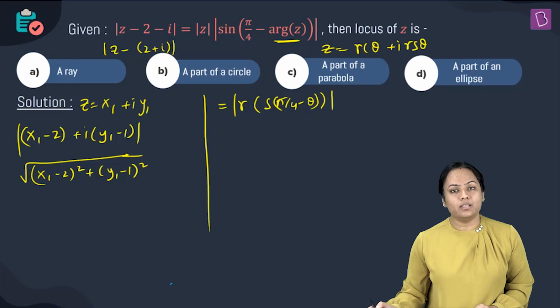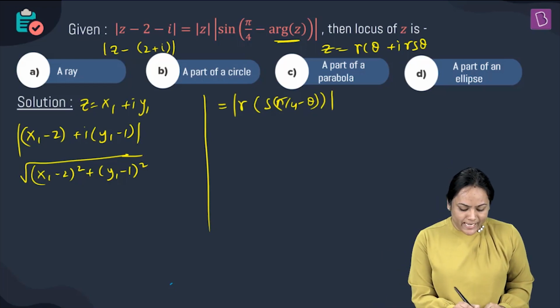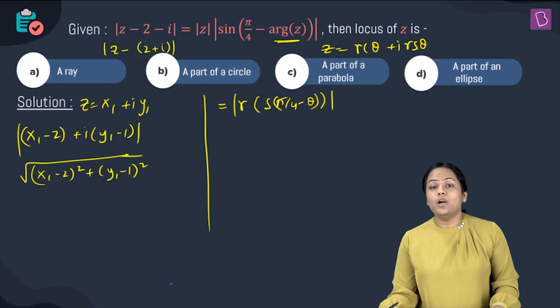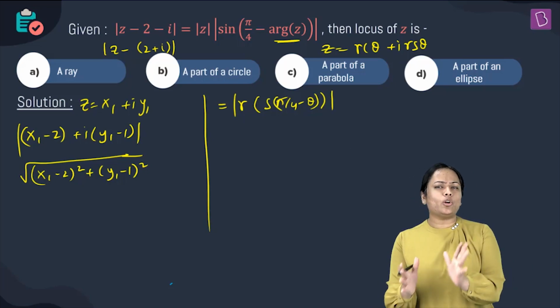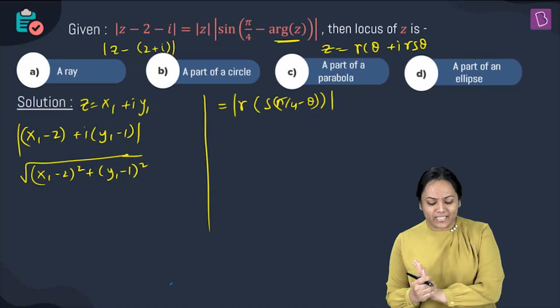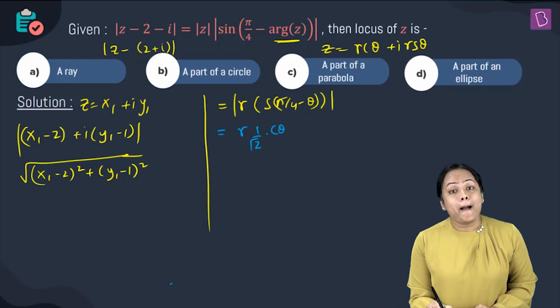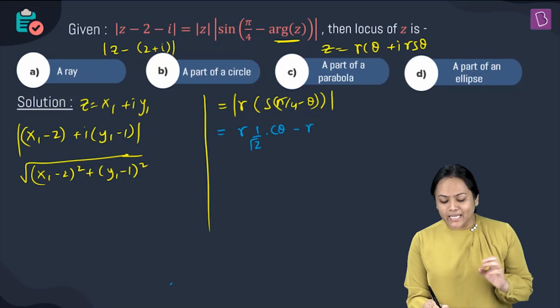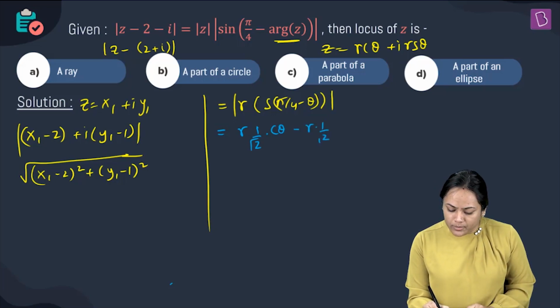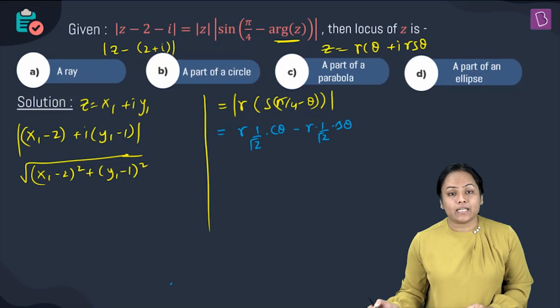Let's expand this part. What is the sine of a minus b formula, guys? Sine of a minus b is sine a cos b minus cos a sine b, isn't it? So this becomes r times (sine pi by 4, which is 1 by root 2, into cos theta minus cos pi by 4, again 1 by root 2, multiplied by sine theta), right?